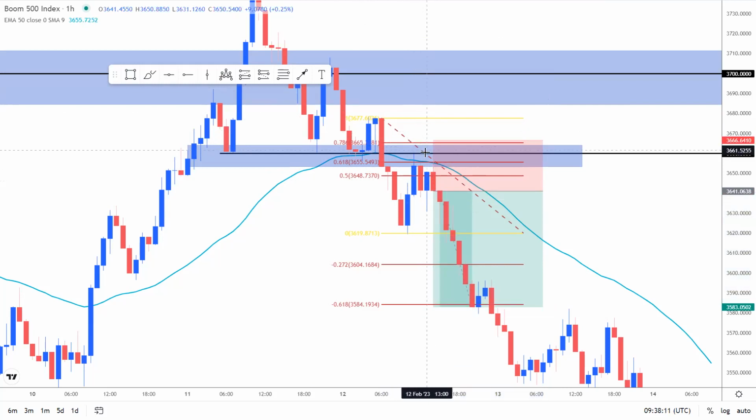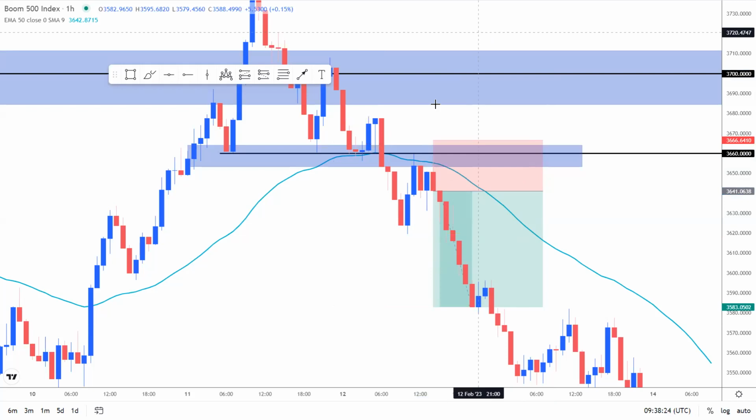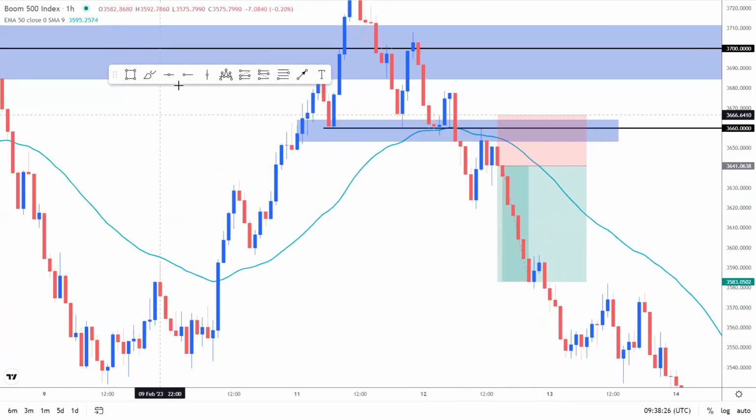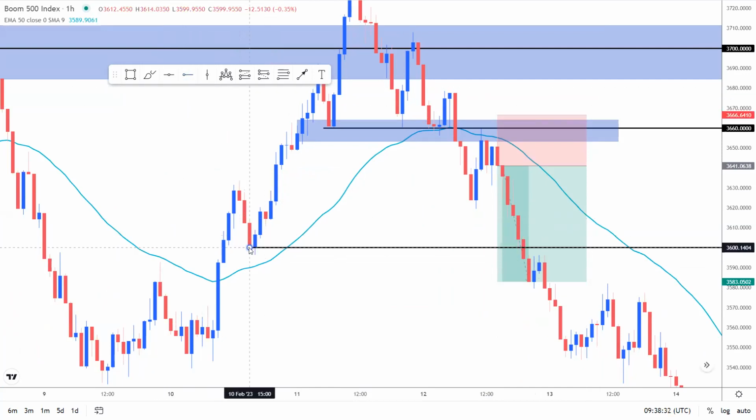So I had my stop loss just slightly off this 78.6 Fibonacci level. And then I pretty much had my take profit targets. I had 3 take profits on this.